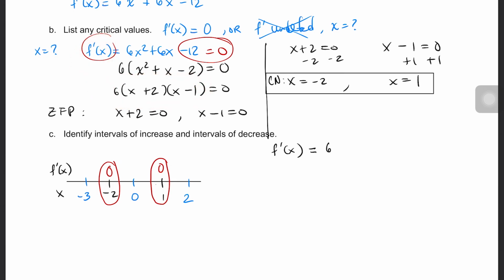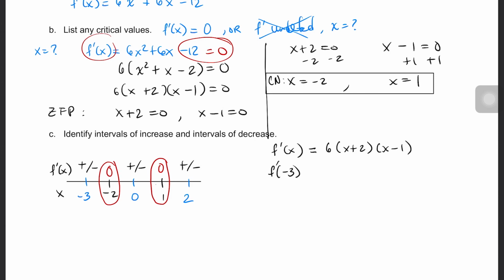And why do we choose to work with the factored form? I want to remind you it's because we're only interested in whether this is positive or negative, because if the derivative is positive, that means the function is increasing. If the derivative is negative, that means the function is decreasing. So we only care whether this is positive or negative.